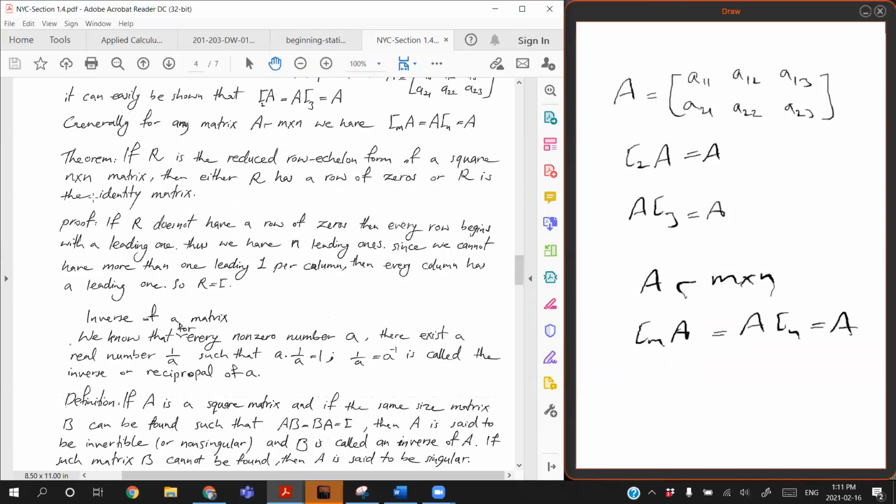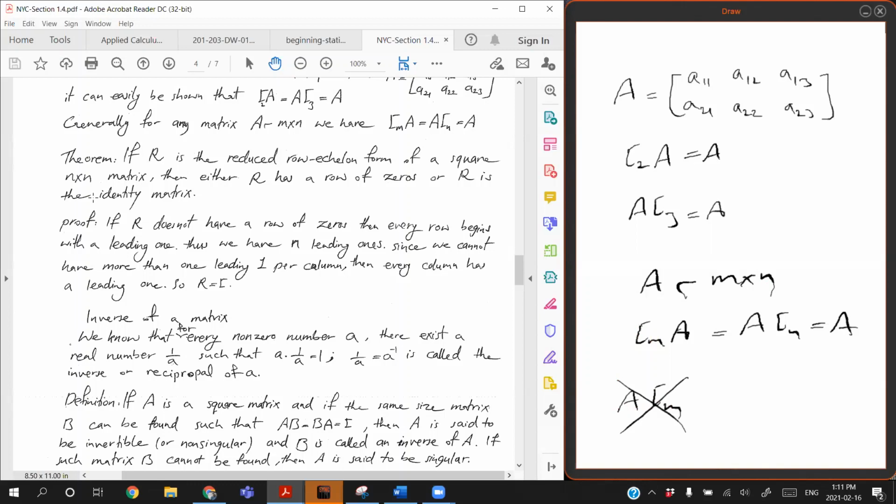Okay. So the order doesn't matter if the I is... The order in multiplication definitely matters, but I'm not multiplying by the same thing. If A is M by N, yes, then I can multiply by the identity matrix of size M from the left. But if I do this, that would be undefined.